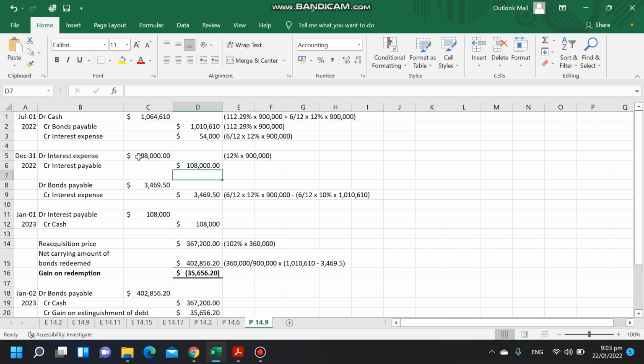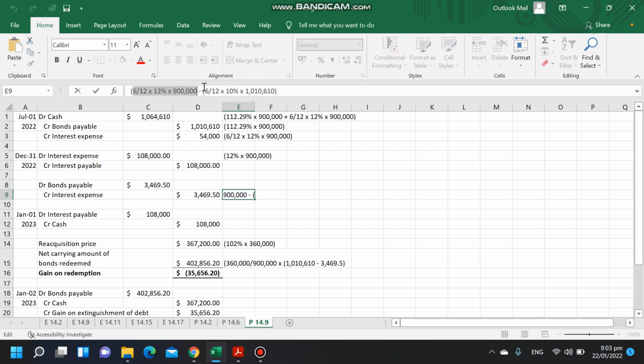And then for the amortization, because this is premium, you will debit bonds payable, credit interest expense. The calculation is 6 divided by 12 times 12% times 900,000. This is the cash paid, and then you will minus the interest expense, which is 6 over 12 times 10% times 1,010,610.